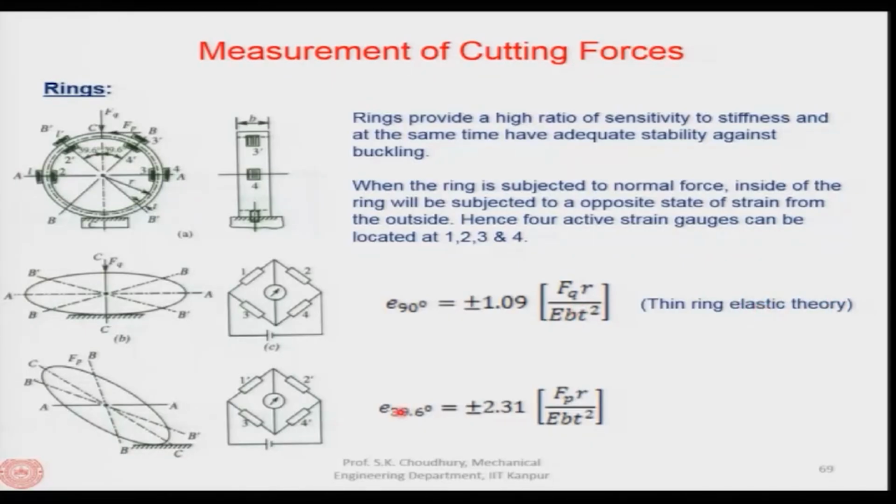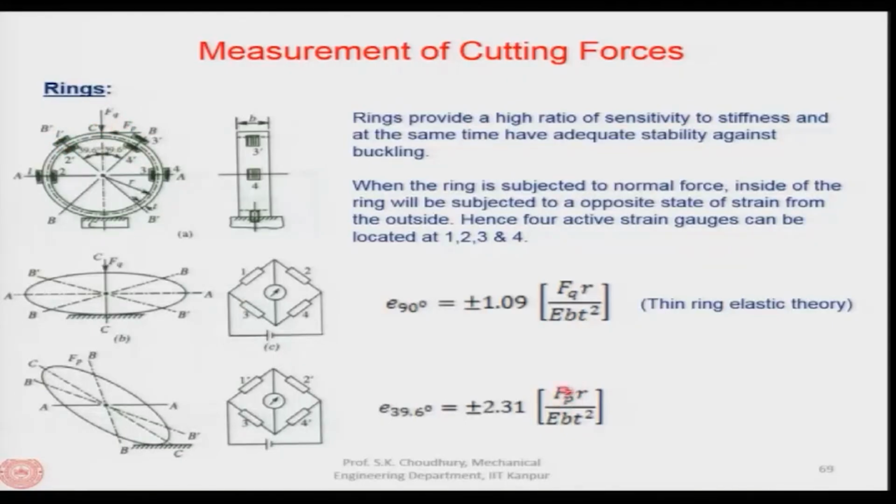And at 39.6, where the maximum strain will be occurring, at this node it will be plus minus 2.31 F p R divided by E, B and T square. So, just notice here that at 39.6 the sensors 1 prime, 2 prime, 3 prime and 4 prime will be sensing the force F p.